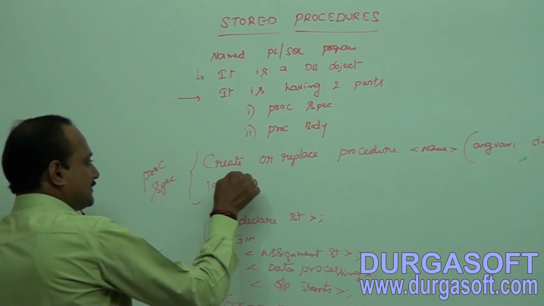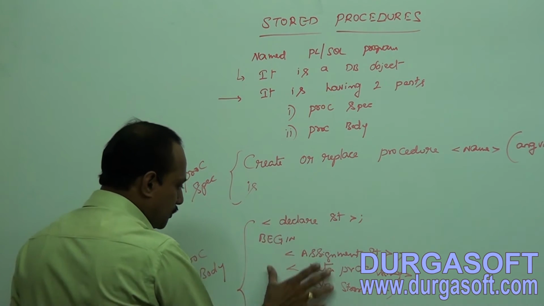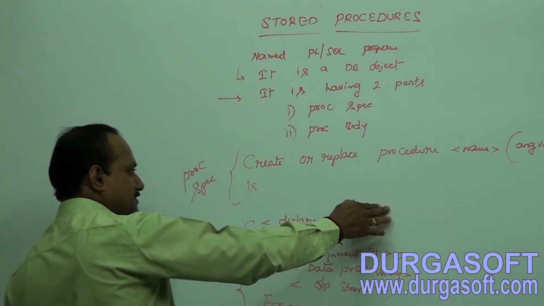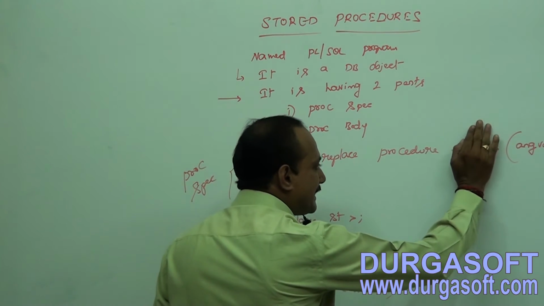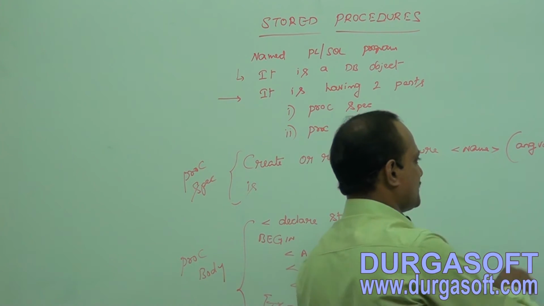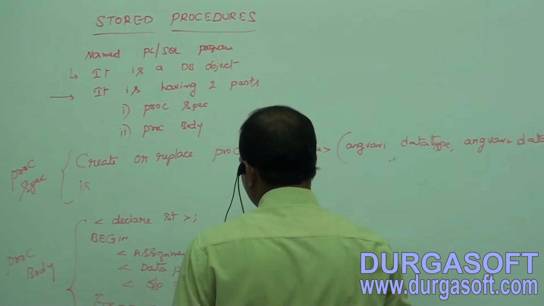The specification represents that the following is the body of the procedure. That body has to be stored with a name under the database. While executing the procedure, it is going to take the values for these arguments.